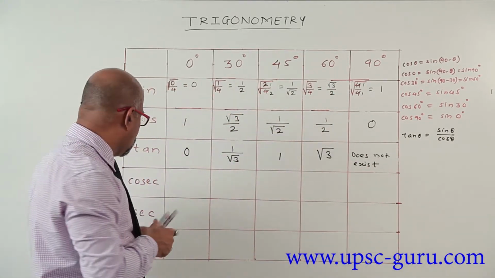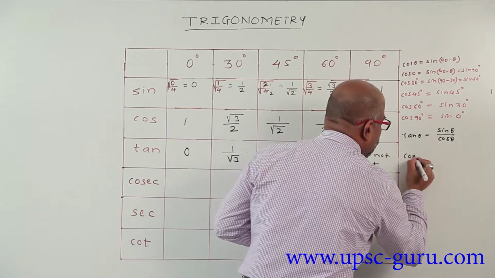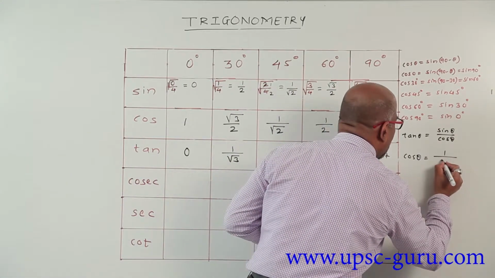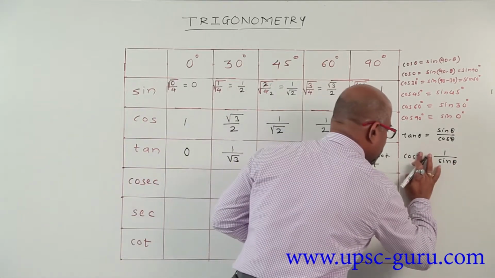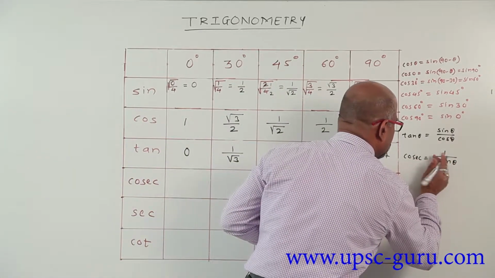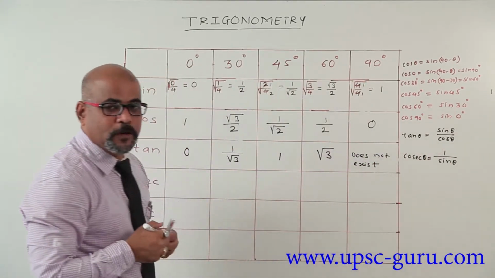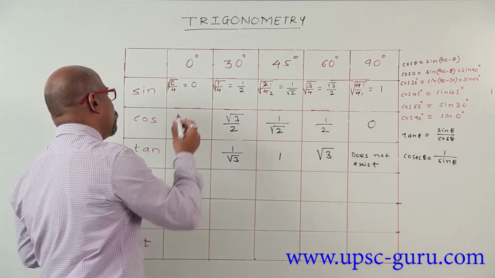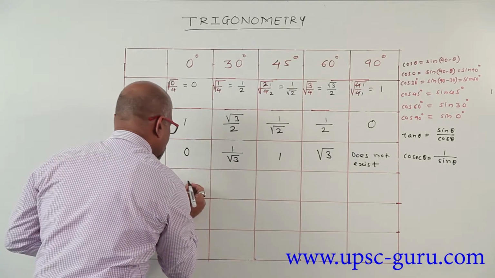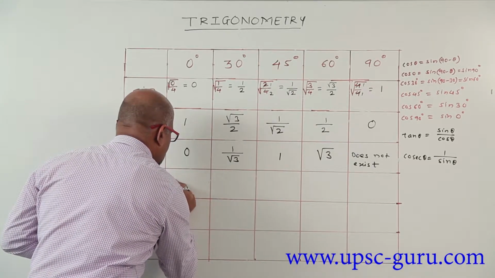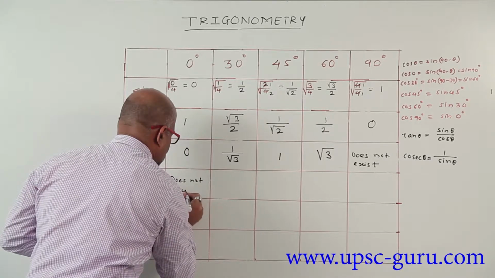Now again we know that cosec theta equals 1 upon sin theta. Cosec theta is the reciprocal of sin theta. Therefore, for 1 upon 0, cosec 0 does not exist.